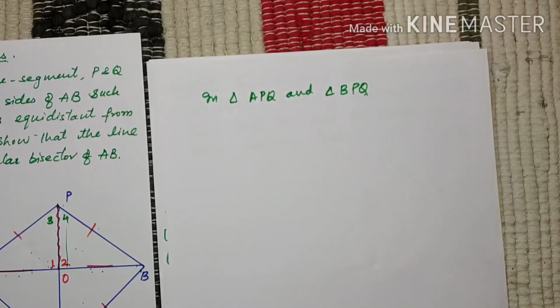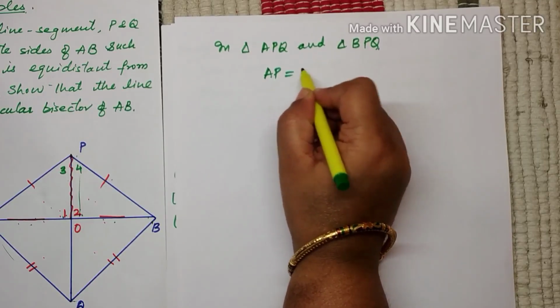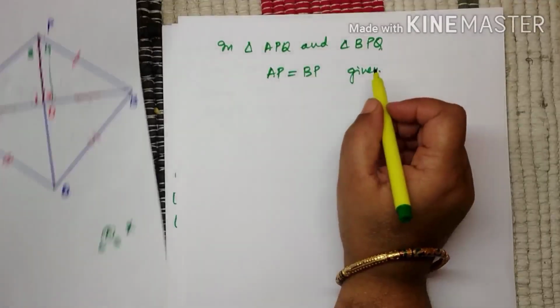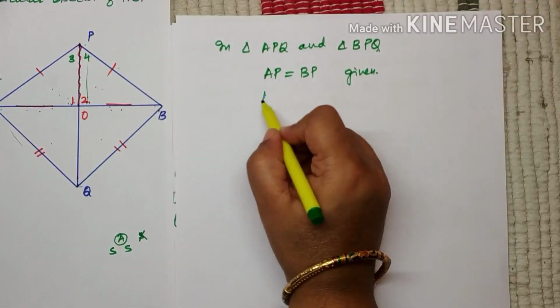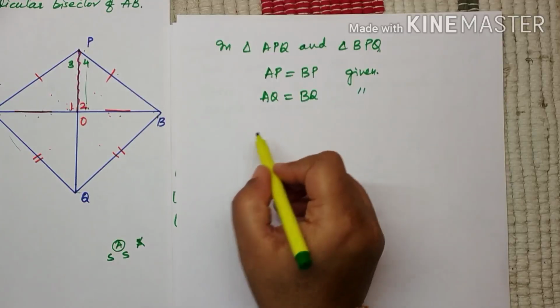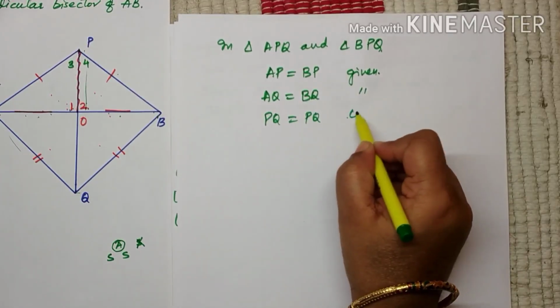What do I have in these two triangles? AP is equal to BP because this is given. Also AQ is equal to BQ, again given. And I can take PQ equal to PQ, common side.